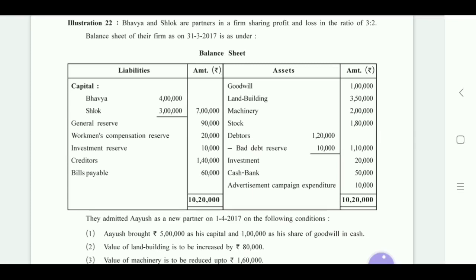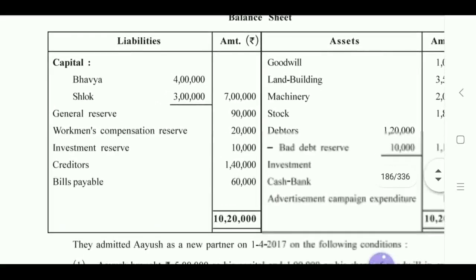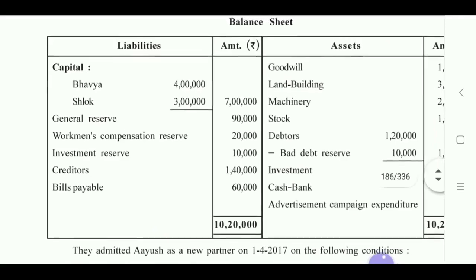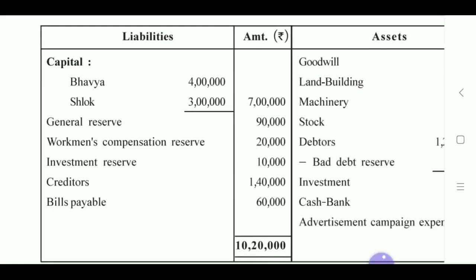So those values are to be written in the new balance sheet as they are. Thereafter, the reserves will still be remaining. If you do not have any adjustment regarding workers' compensation reserve or any of the reserves, then the amount of reserves is to be distributed among the partners in their old profit-loss sharing ratio always.